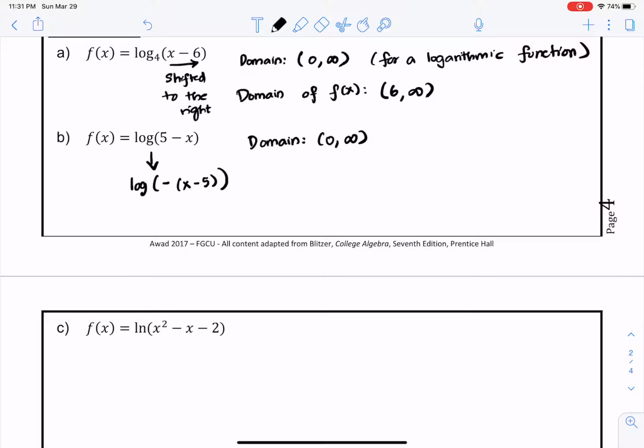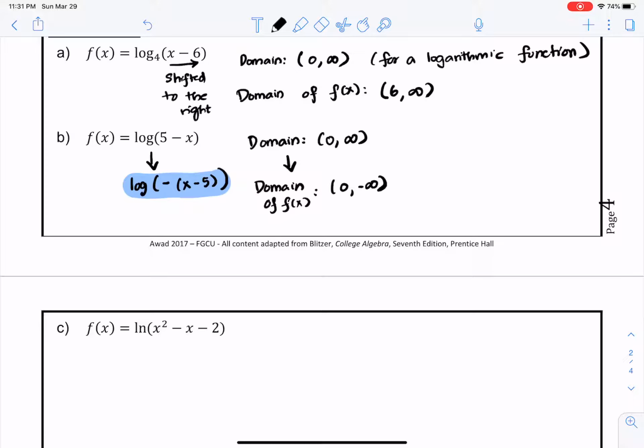But the reason why I'm writing it this way is that perhaps it would become more obvious in terms of deriving the domain if we rewrote it in this form. So what do I mean by that? There is a negative, so the domain for f of x has to be multiplied by negative, so we have 0 to negative infinity.